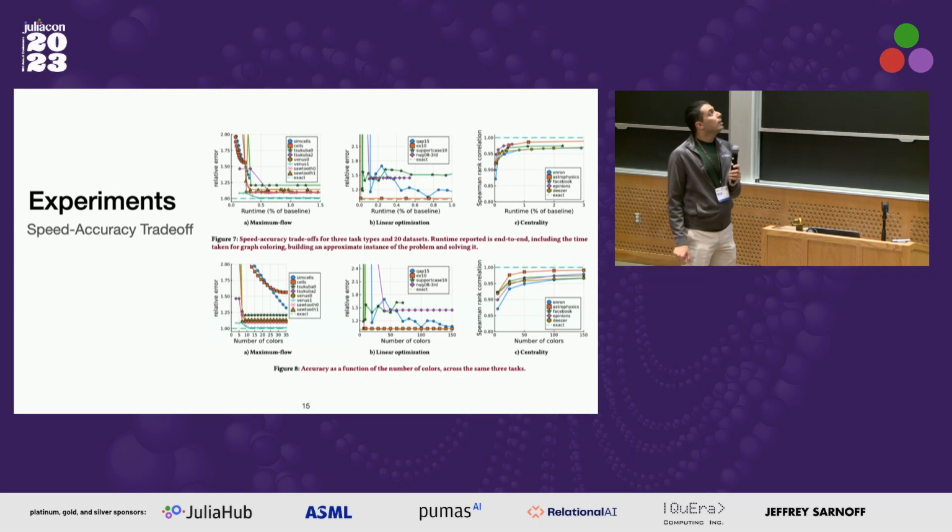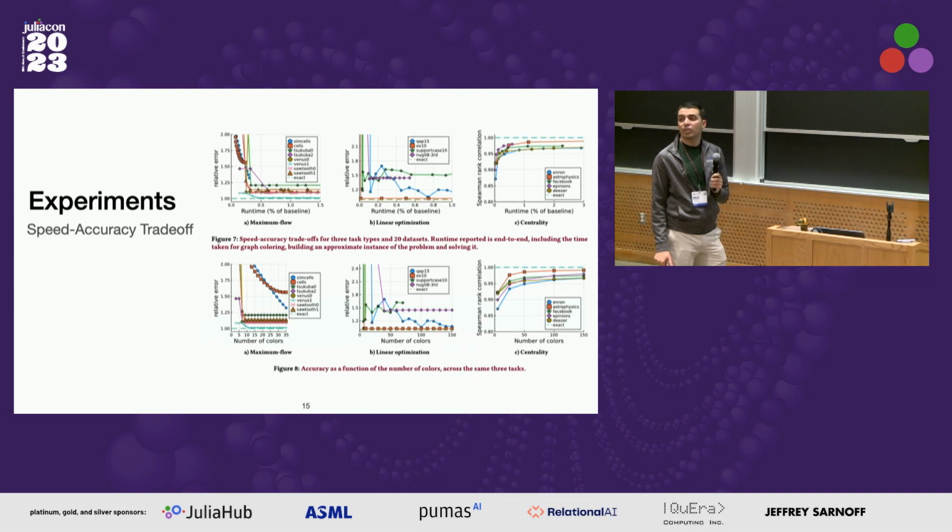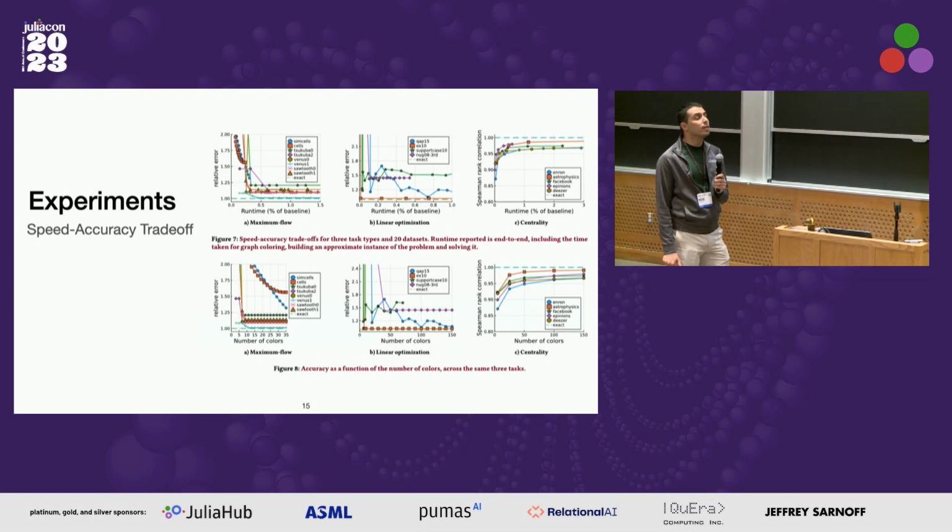So what we find is across these different tasks and across the sizes of the data sets, you get very favorable compression at 1% of the runtime, right? 100x. Across all of these, the average error is about 12, 15%, right?